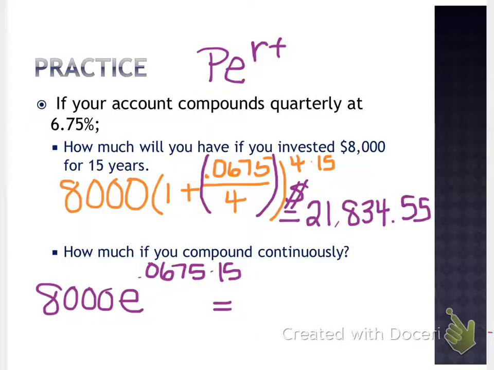And when I plug this into the calculator, again, remember to use your second ln button for the E raised to that exponent. I get $22,019.79. So like we said, the more you compound something, the more money you will have. And we clearly have more money if we were to compound this continuously.